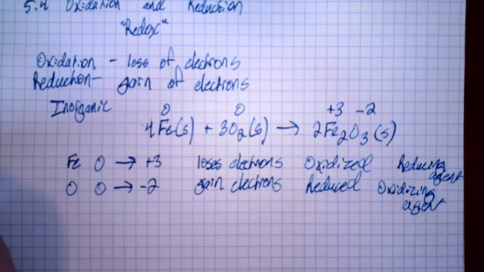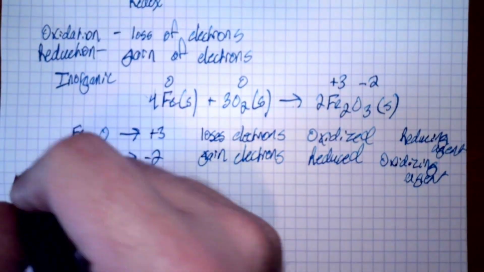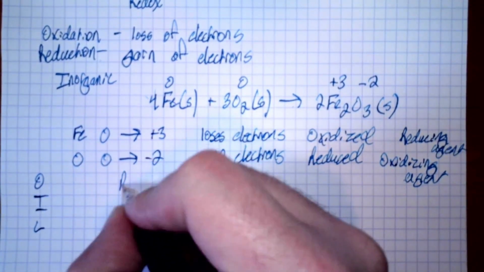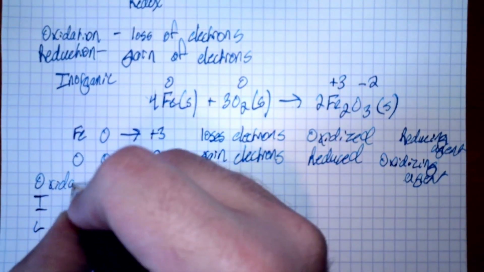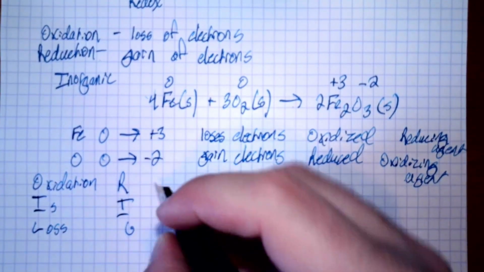There are a couple mnemonics that you can use to remember how the electrons go. The one that I learned and that I always use and teach is OIL RIG. Oxidation is loss.